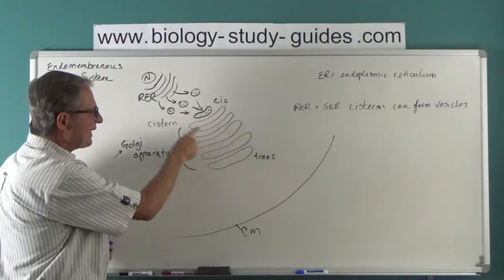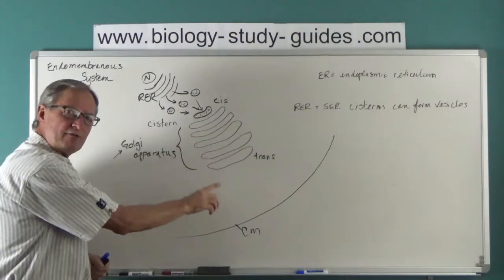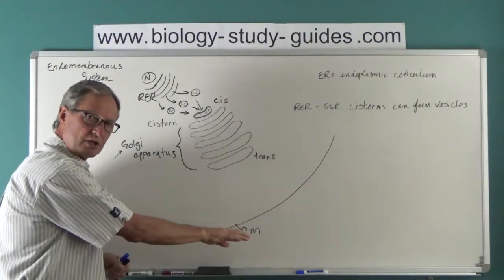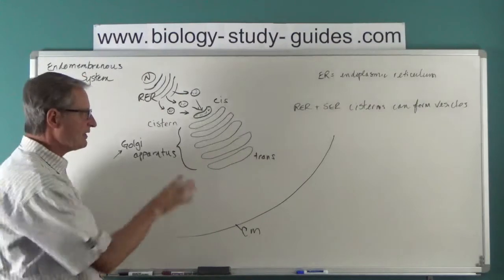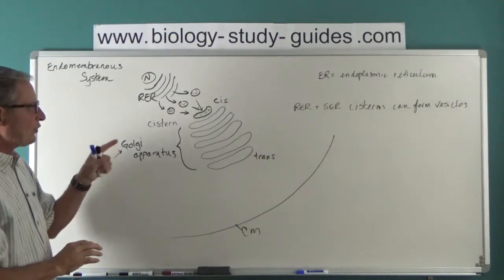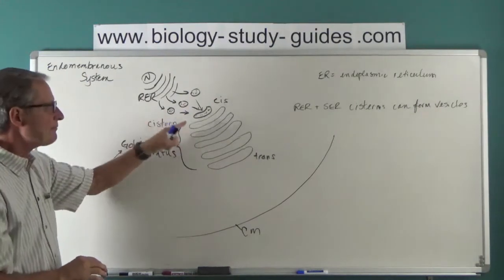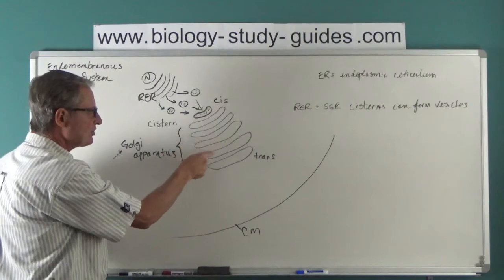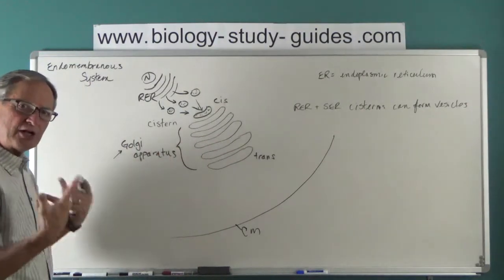The Golgi apparatus prepares the chemicals for their eventual use. In the case of insulin, it's going to be secreted. It doesn't have to be secreted, but in that case, it is secreted. In order to prepare it, a number of things have to happen, and there's a separate cisternal location for each of those things.